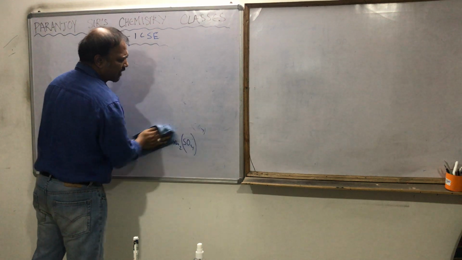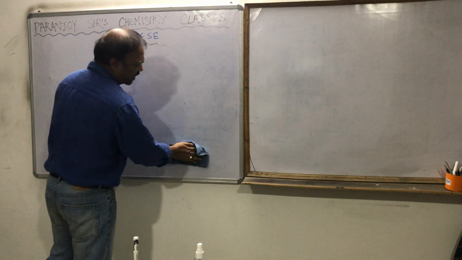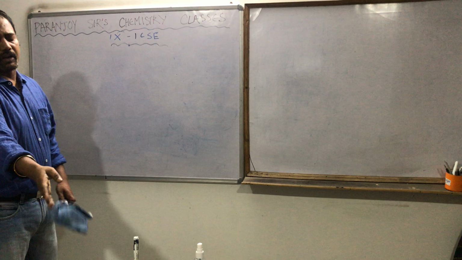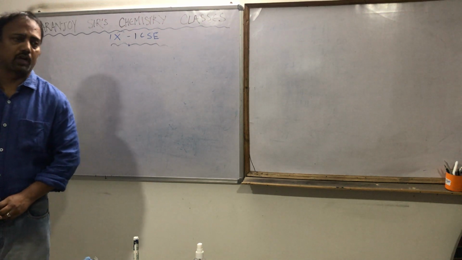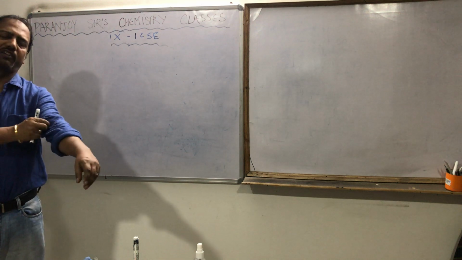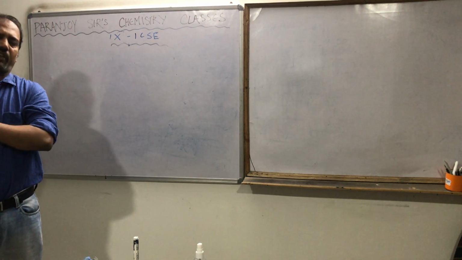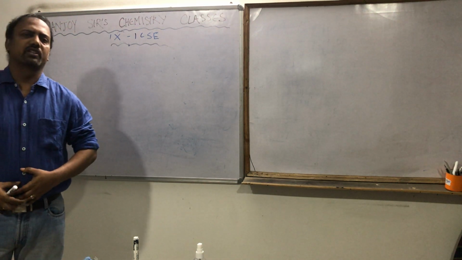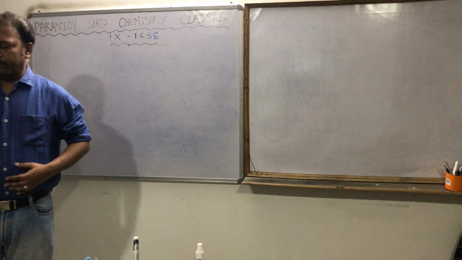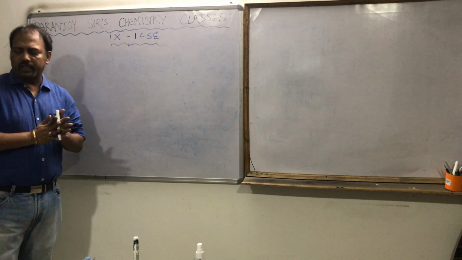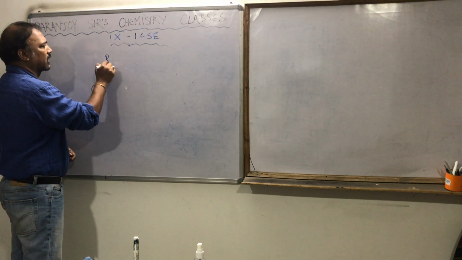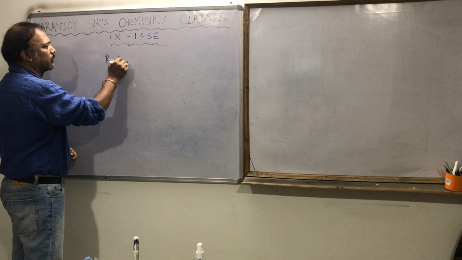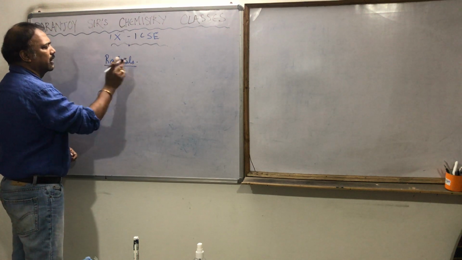So that is how to write down the formula. Now if you know the valencies of any element or any radical, you can very easily write down the formula. Your task is to know the valencies of the elements as well as the valencies of the radicals. Then I am coming to radical, which I am telling repeatedly. What are radicals?